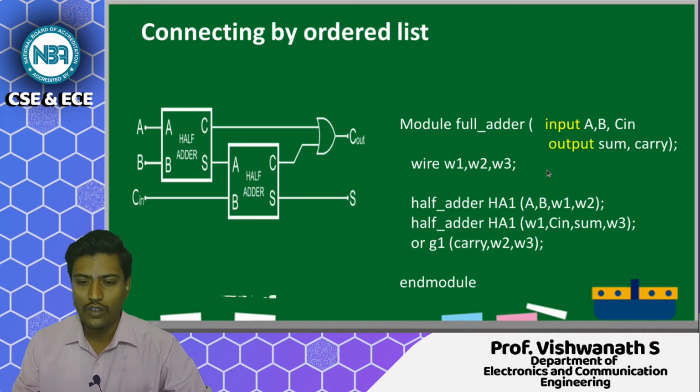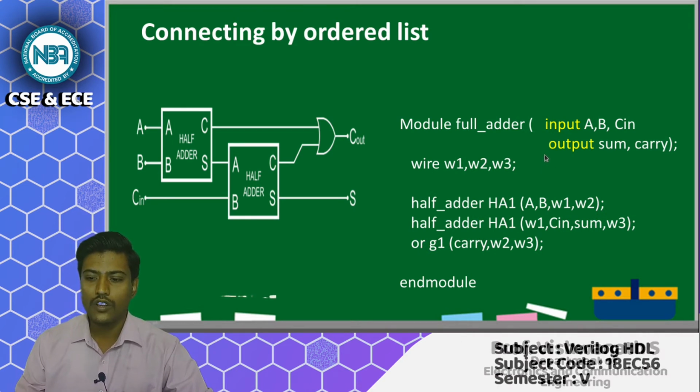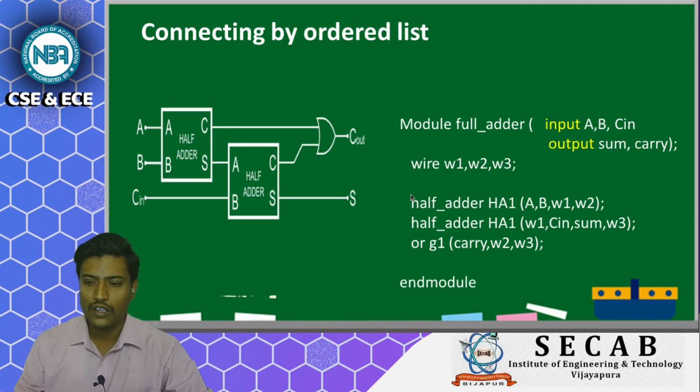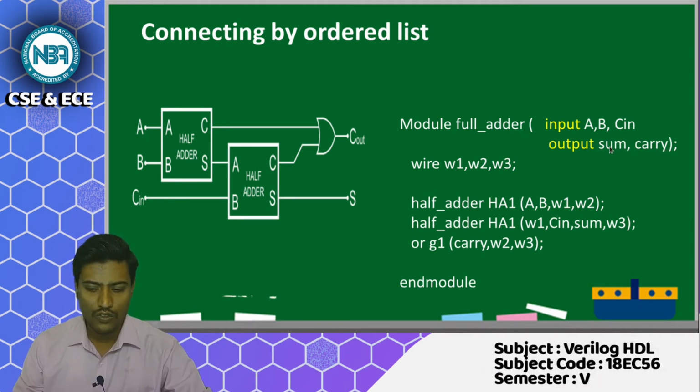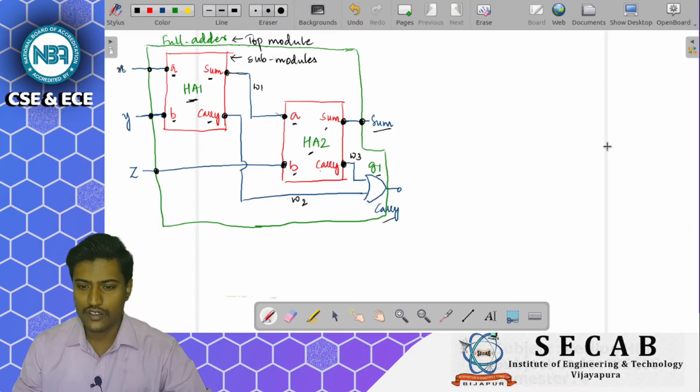Now let us see what an ordered list is. As we know, this is being used for a full adder module with A, B, Cin and outputs sum and carry. Instead of this, let me write it here itself.